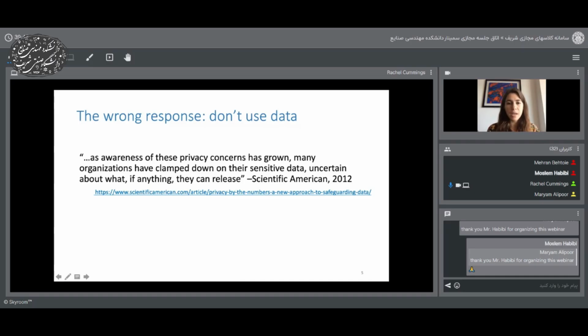And so this is a Scientific American article that said, quote, as awareness of these privacy concerns has grown, many organizations have clamped down on their sensitive data, uncertain about what, if anything, they can release. And especially in the US, where everyone sues everyone, you really didn't want to release data if you couldn't guarantee privacy of it because you risked having a lawsuit.